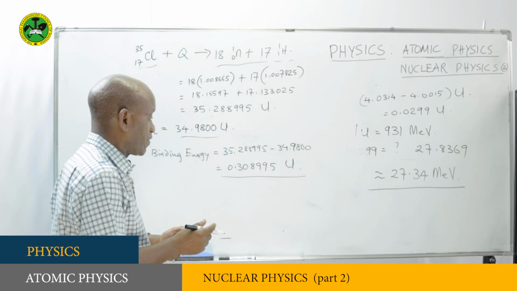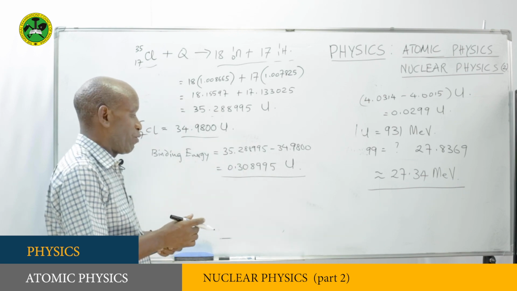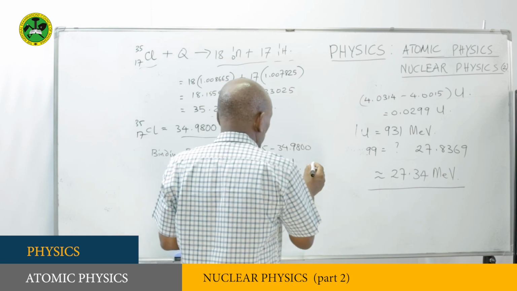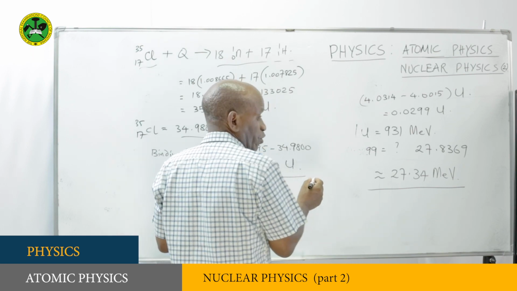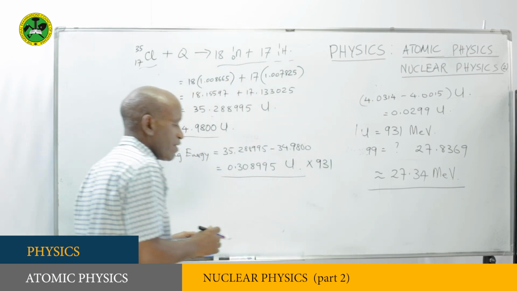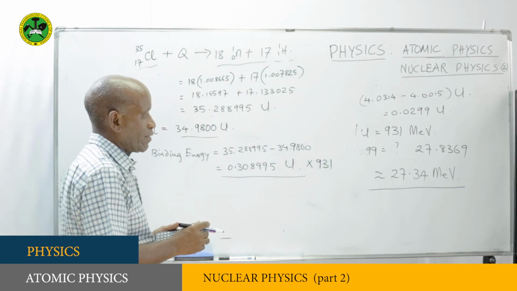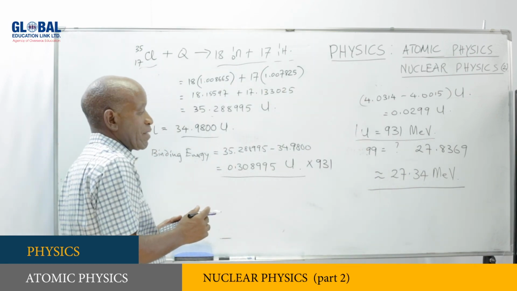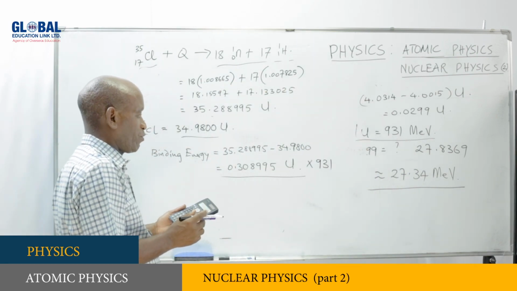So this gives us the difference in terms of the unified atomic mass. Now, if we need to know in terms of the mega electron volt, then we need to multiply by 931. Remember, one unified atomic mass is equal to 931 mega electron volt.